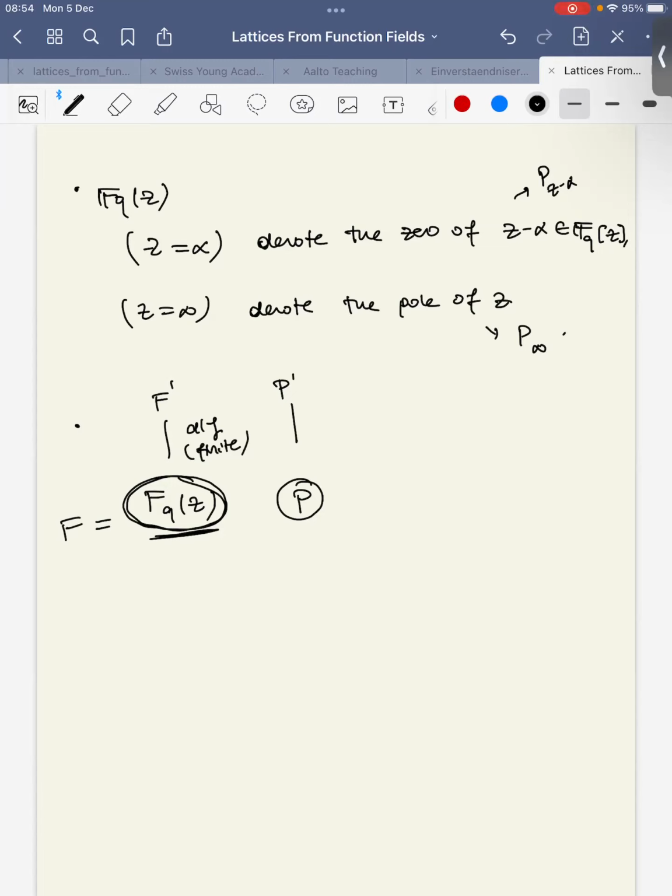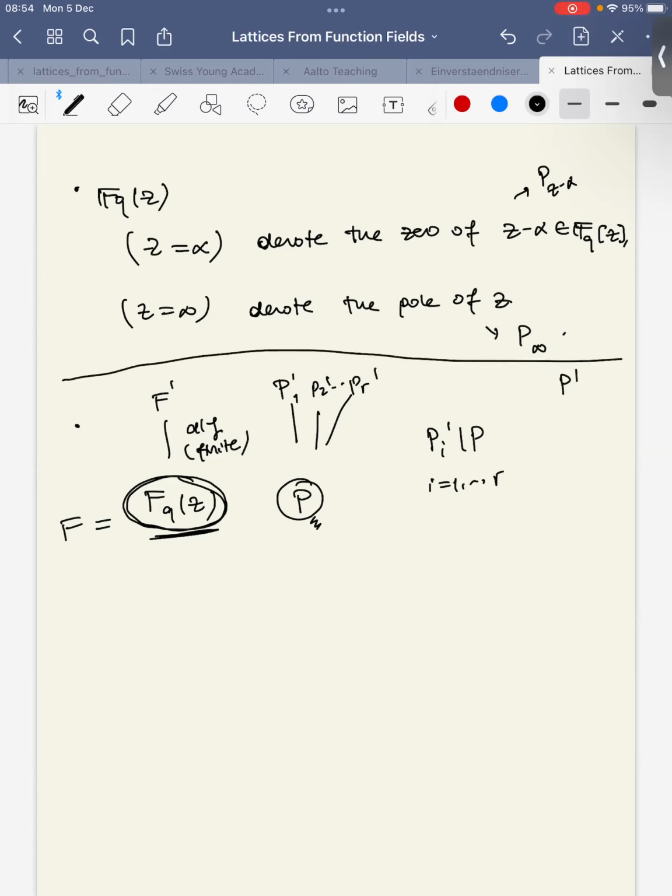And we have seen that if we are given a place in the base field, we have finitely many extension places, and we use this notation. And if we are given a place in the extension field, we know that there exists a unique place which lies under P prime.